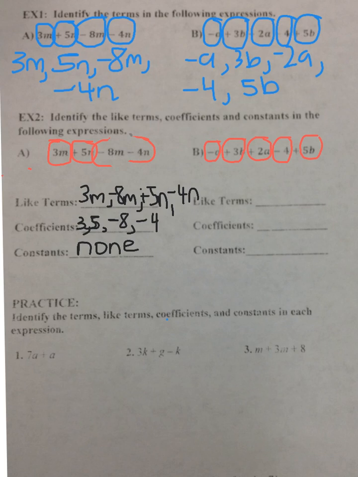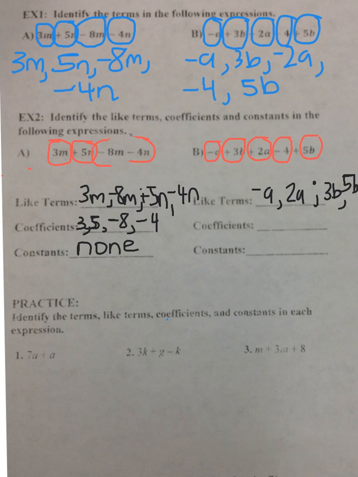So starting with negative a, I see a 2a. So negative a is a like term with 2a. And then I also see positive 3b and positive 5b.